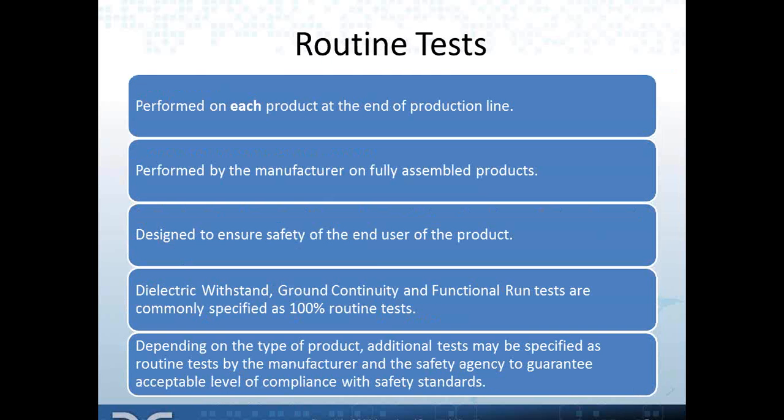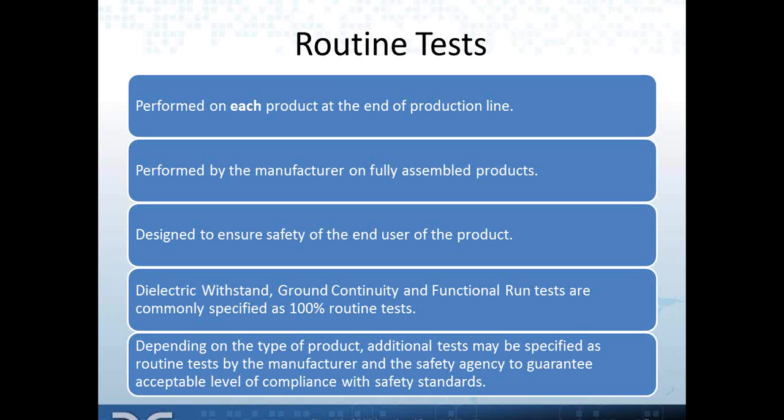Routine tests. Routine tests are performed on each product at the end of the production line. Basically, routine tests are usually required to be performed on 100% of the products leaving a facility for sale to the consumer. These are designed to ensure the safety of the end user of the product.